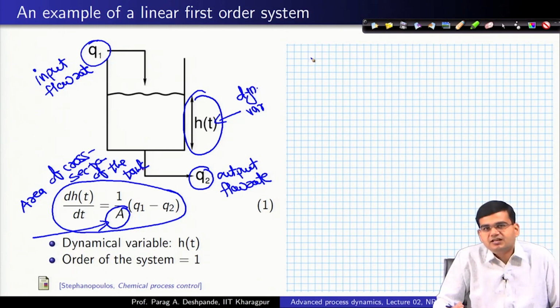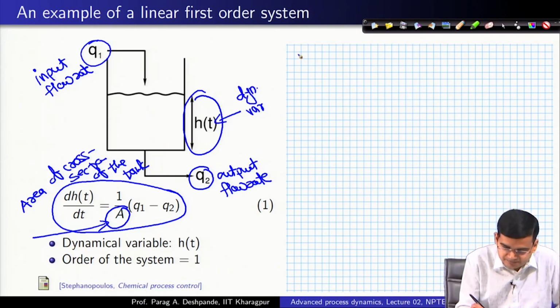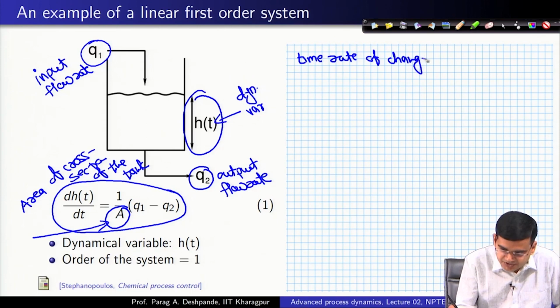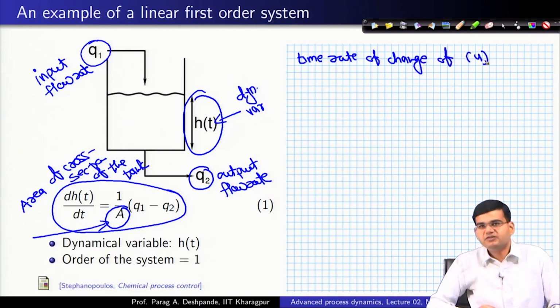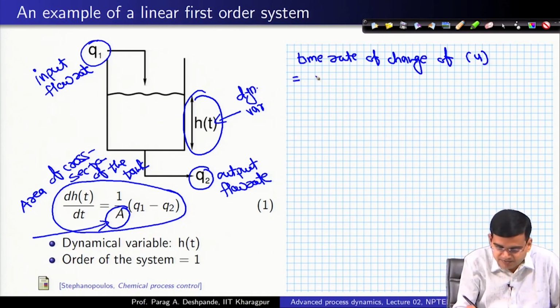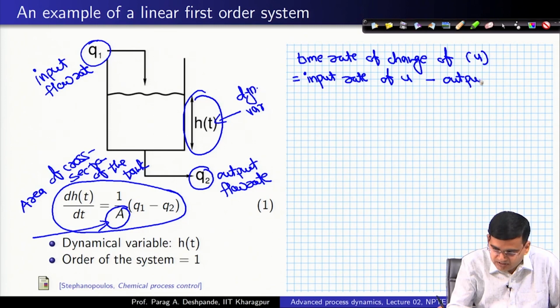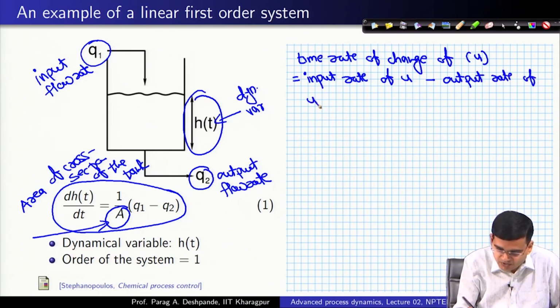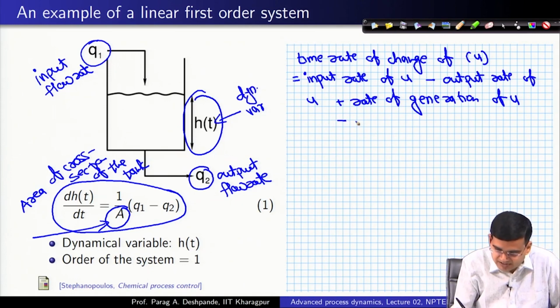We can define a general balance equation or conservation equation as: time rate of change of u is equal to input rate of u minus output rate of u plus rate of generation of u or minus rate of consumption of u.